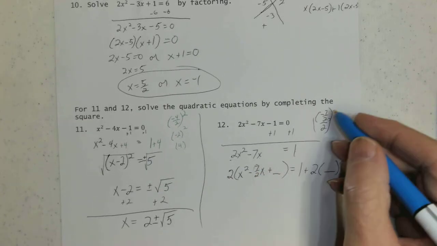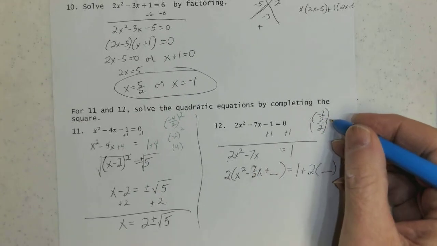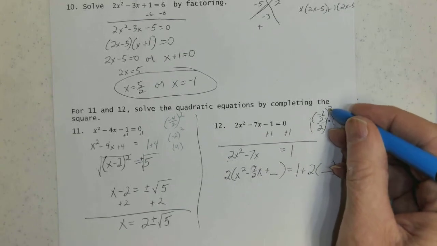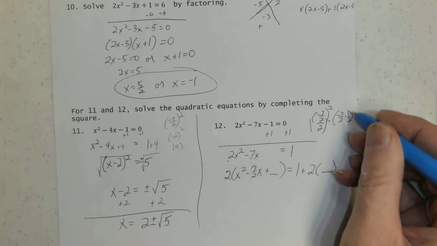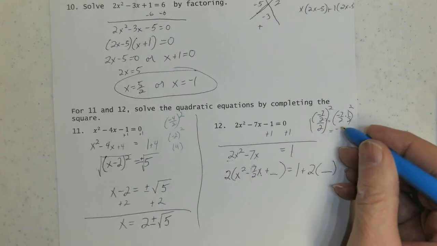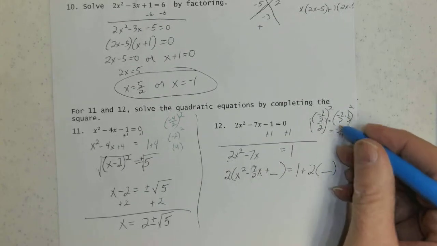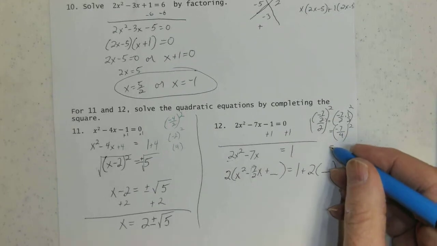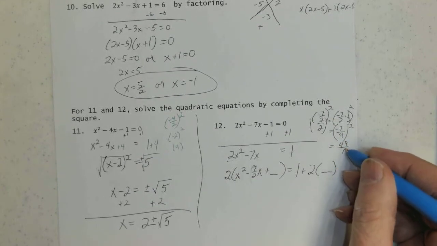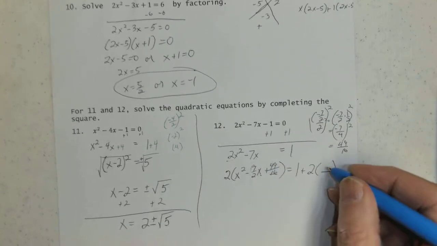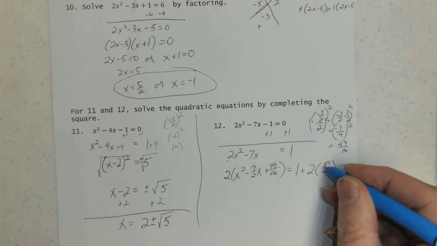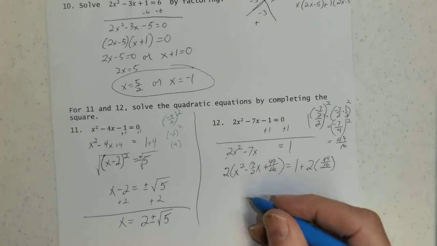This, and then divide by 2 again, and square that. I'm going to go negative 7 halves times 1 half squared, which is negative 7 over 4 squared, which is 49 over 16. So that's what I'm adding. 49 over 16 here, and 49 over 16 here.